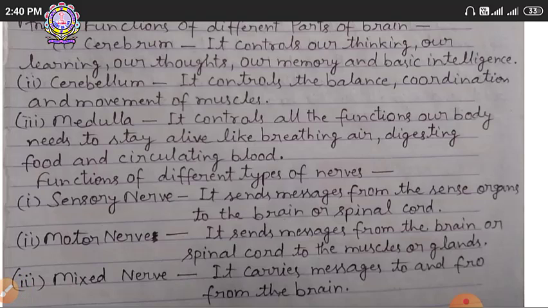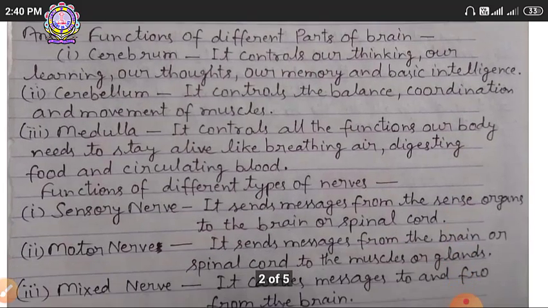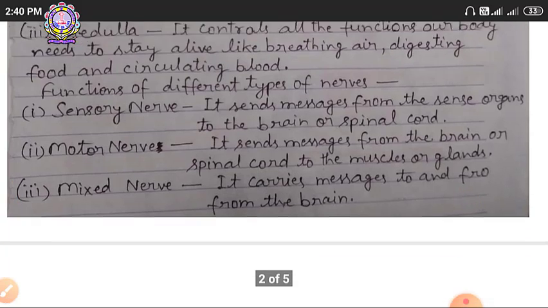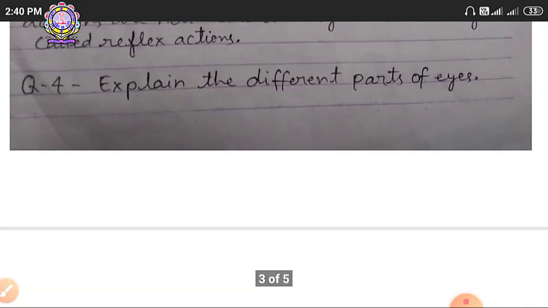To and fro means here and there. Means it can perform both the functions that sensory nerve and motor nerve do. Okay, now this question is complete.